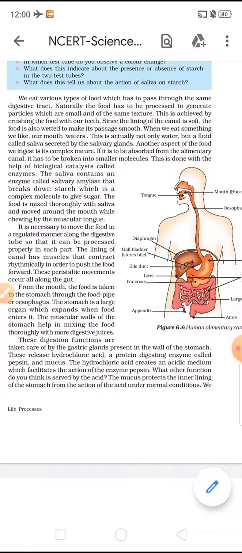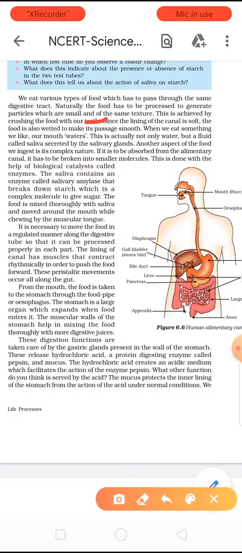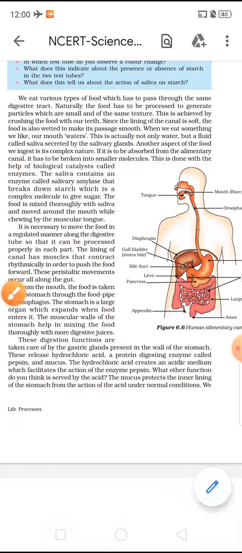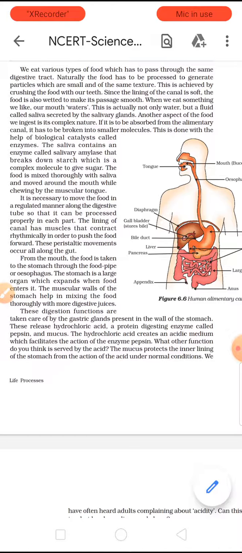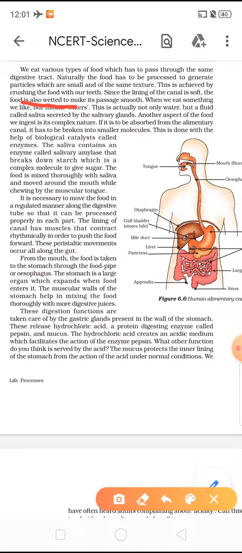How it is achieved? It is achieved with the help of teeth. Okay, this is achieved by crushing the food with our teeth. What will the teeth do? It will cut the food into small pieces. Okay, so crushing the food with our teeth.